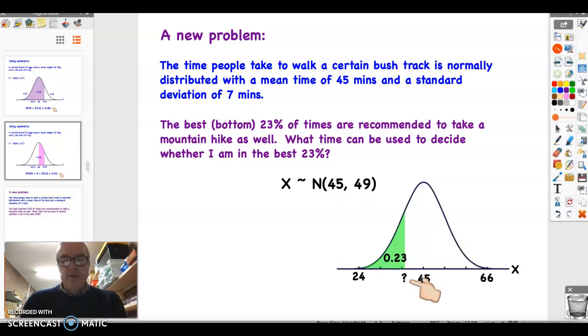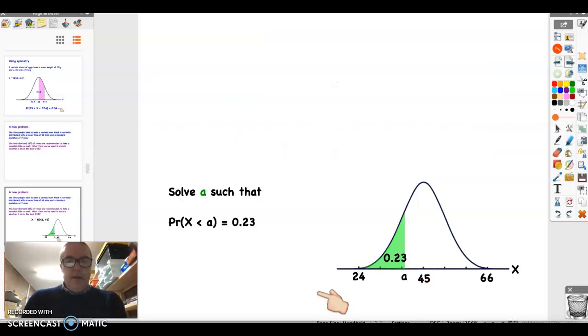How do we find out this particular value here? What time is going to give us that cutoff for the lower 23%? To put it mathematically, we're solving A, where A is here on the horizontal axis. We're solving A such that the probability that x is less than A is equal to 0.23.